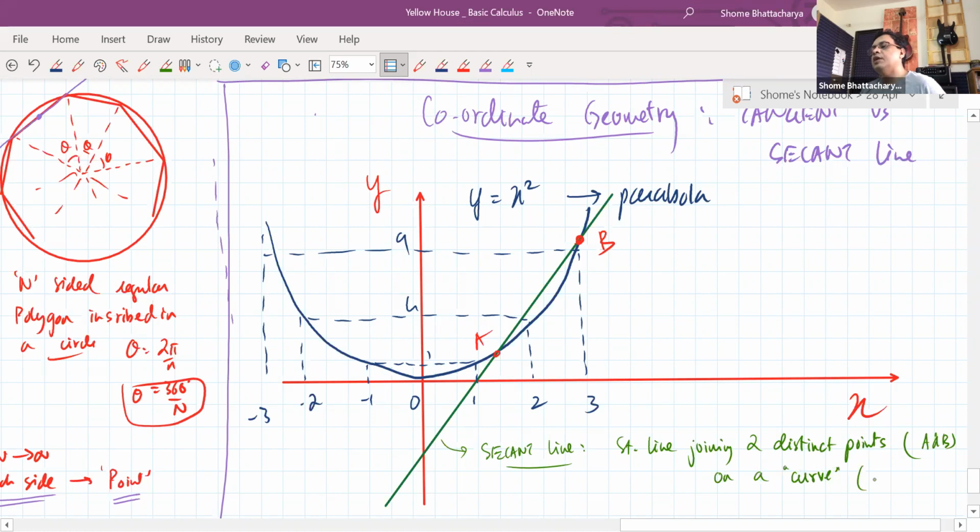In this case, the curve is the parabola y is equal to x square. This is how we define the secant line idea for any geometrical shape. It need not be just a circle.